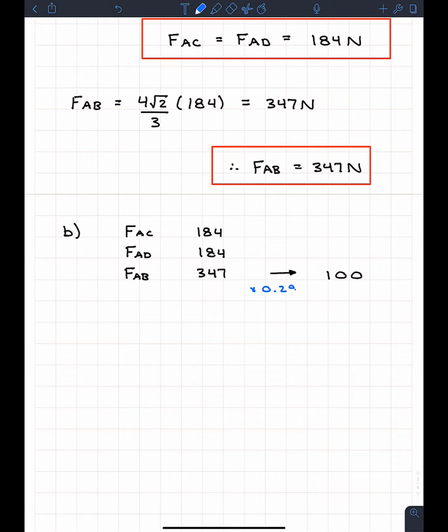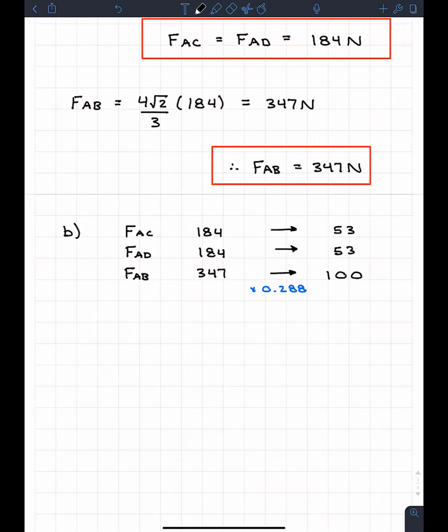So if we multiply 347 by 0.288, we actually get 100. So what we're going to do with that factor now is multiply everything else by that factor to get its proportion. If I multiply the 184 by that factor, I'm going to get 53.0. So these ones are going to be 53. They're all multiplying by the same factor.